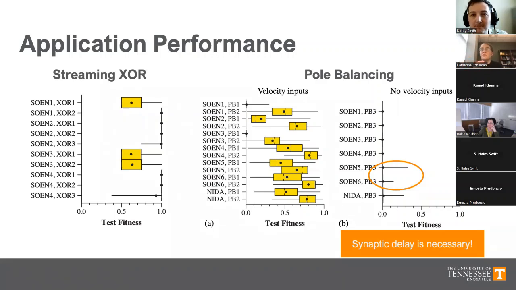It could not solve the problem. And delay is expensive to implement in hardware, but this was a property that they knew they wanted in their system. And this justified that they needed to look at including axonal delay in some of their hardware implementations.